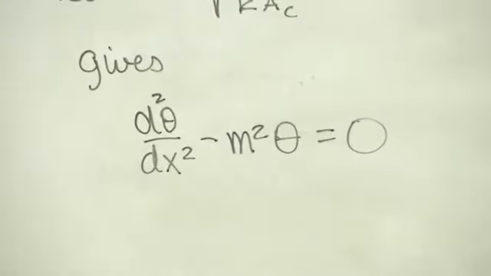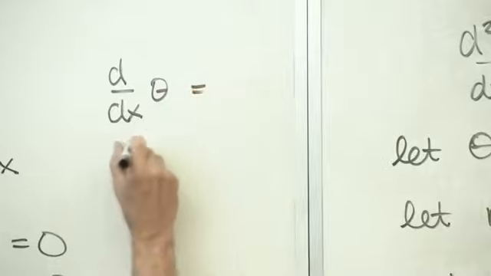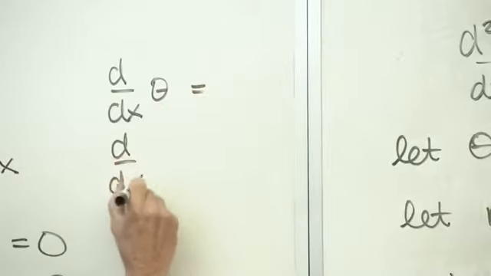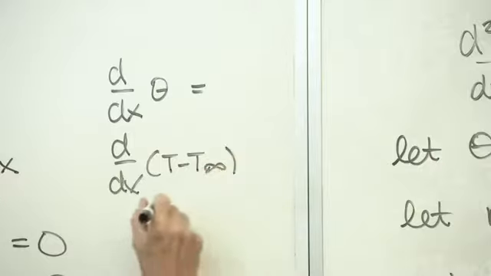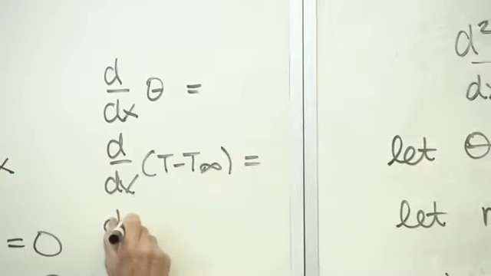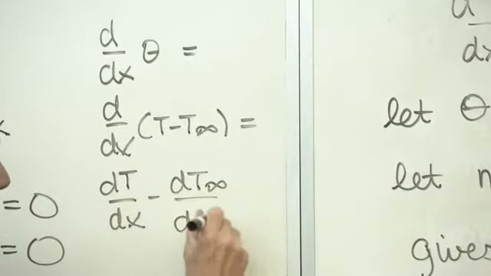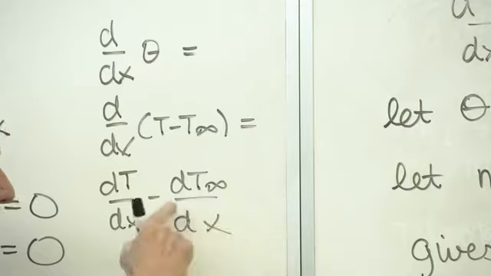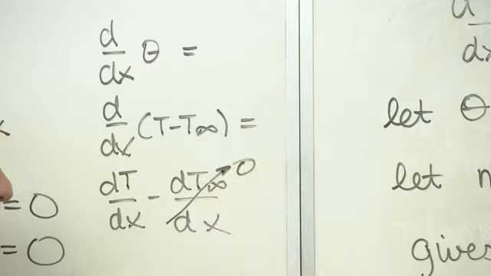Don't forget, when you take d/dx of theta, that's d/dx of (T minus T infinity). That's dT/dx minus dT infinity/dx. The differential of a constant, of course, is 0.